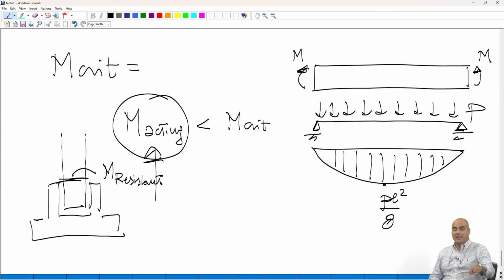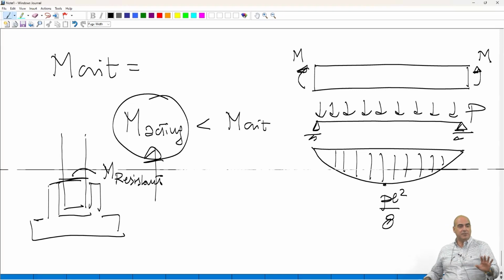So if you have over-designed your column, you are forced to over-design even more your foundation. So in earthquake design, over-design is not always a wise choice, because you can say over-design means better safety, means higher stiffness. Okay, but it's not always a wise choice.